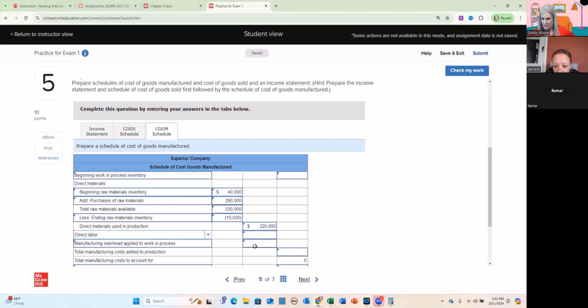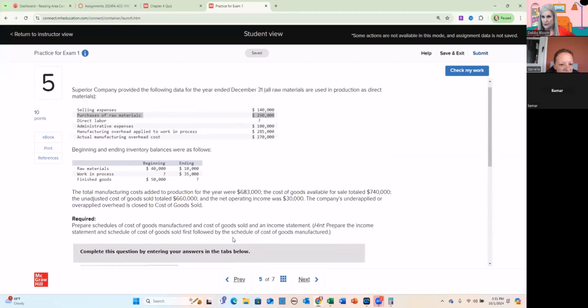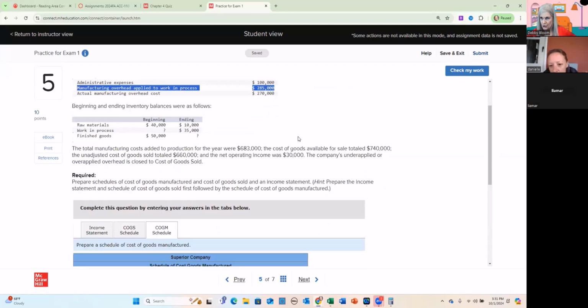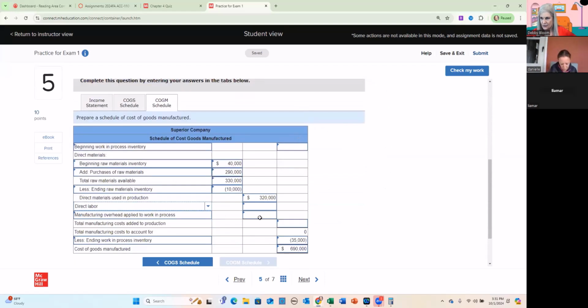Yes. Okay, so we've got the direct materials used in production. So now I'm going to go back. Direct labor is unknown, but I do know manufacturing overhead applied to work in process, 285,000.